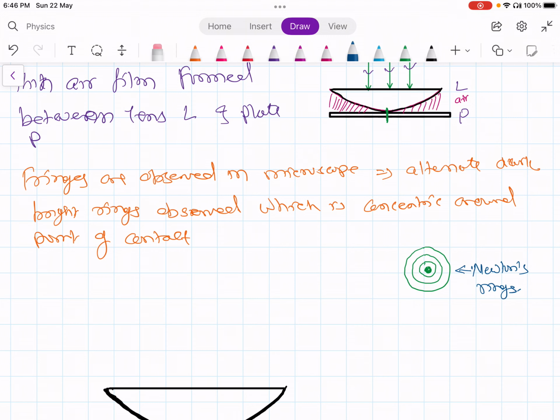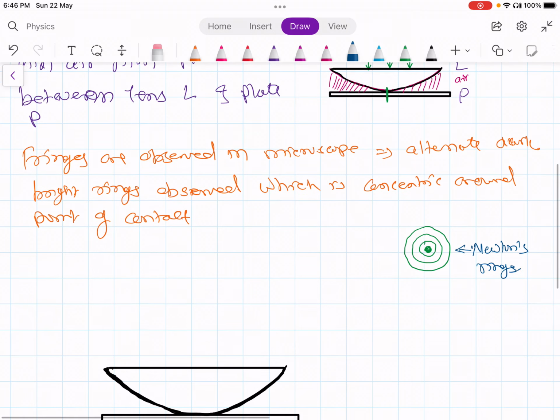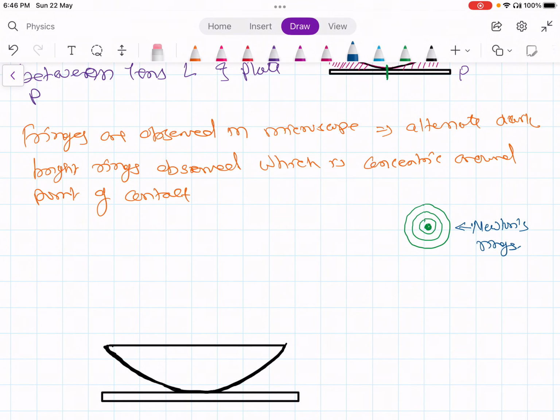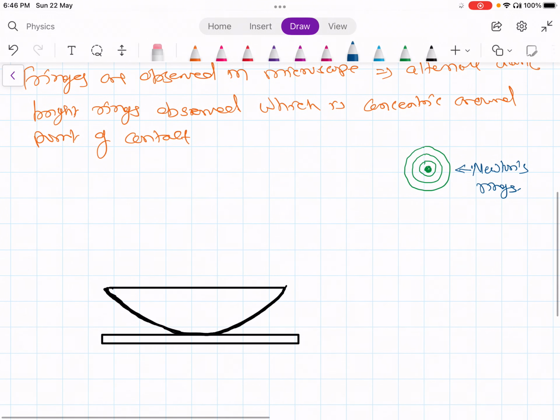Now, how do you see Newton's rings, which are circular? For that, let's see, this is the lens L and the glass plate P, and in between there is an air film formed.